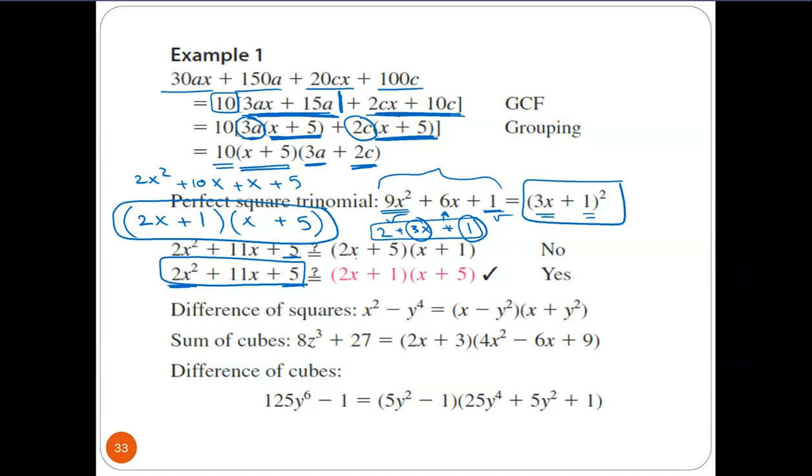Now, difference of squares. Look at this. We have even exponents. When we have even exponents, we can do the difference of squares. So we distribute x and y squared, positive and negative, like this.